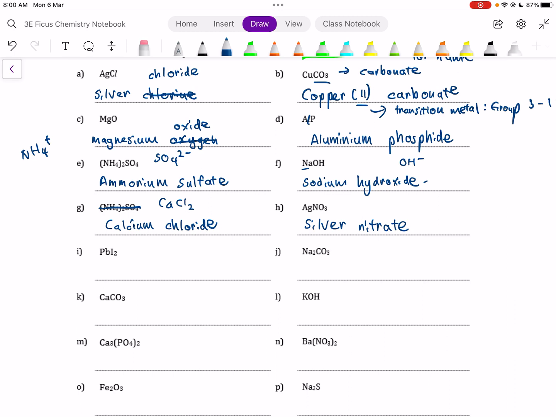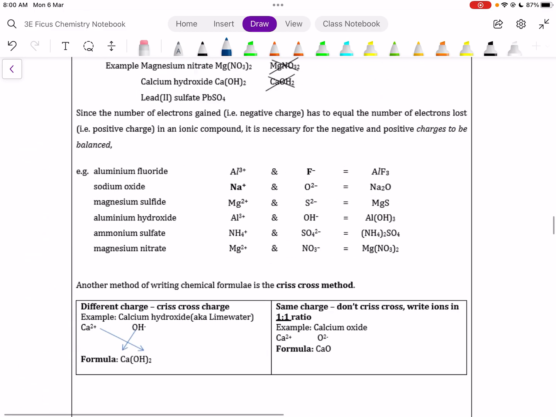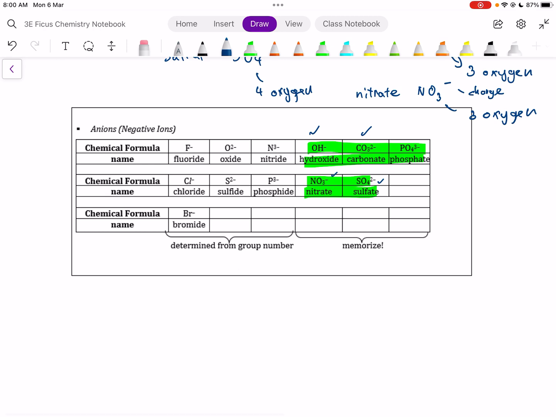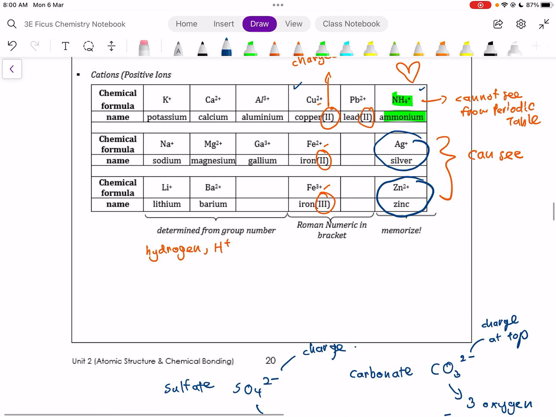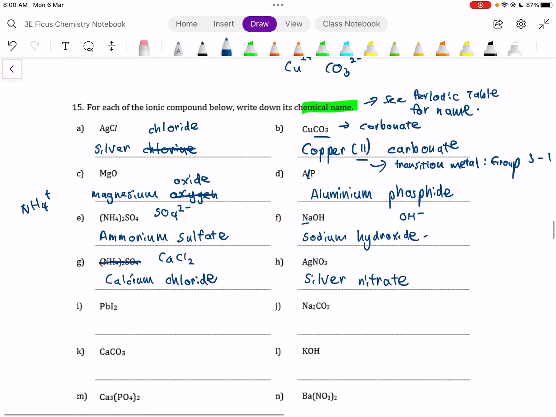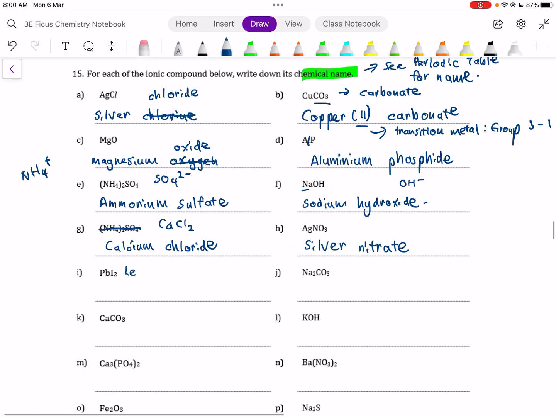Okay, then let's go to PbI2. This one is lead(II) over here. I'll tell you why it's lead(II) in a short while, because you need to work out the charges. It's Pb2+, then I is I minus.